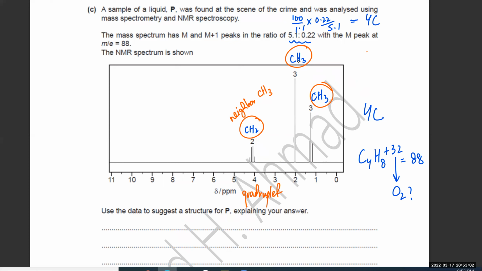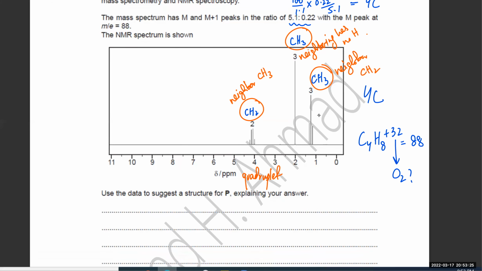So the neighboring carbon has no H atoms. This one is a triplet peak. So how many neighboring hydrogens? That's going to be 2. So the neighbor is probably going to be CH2, right? So that's one thing.